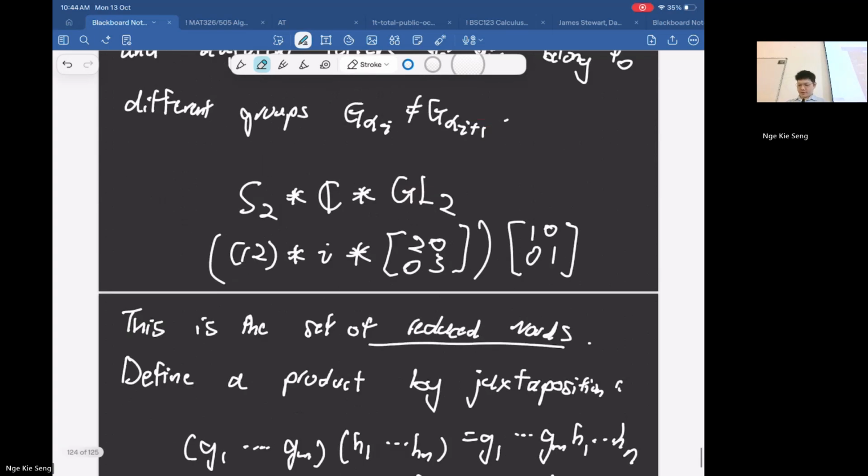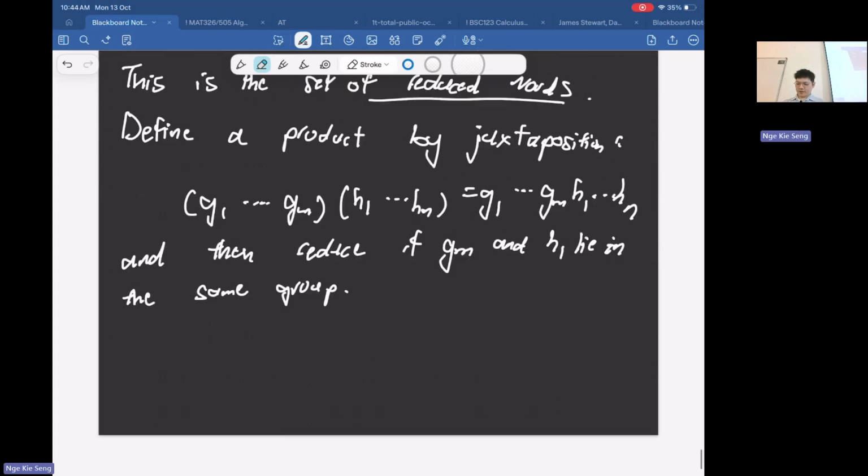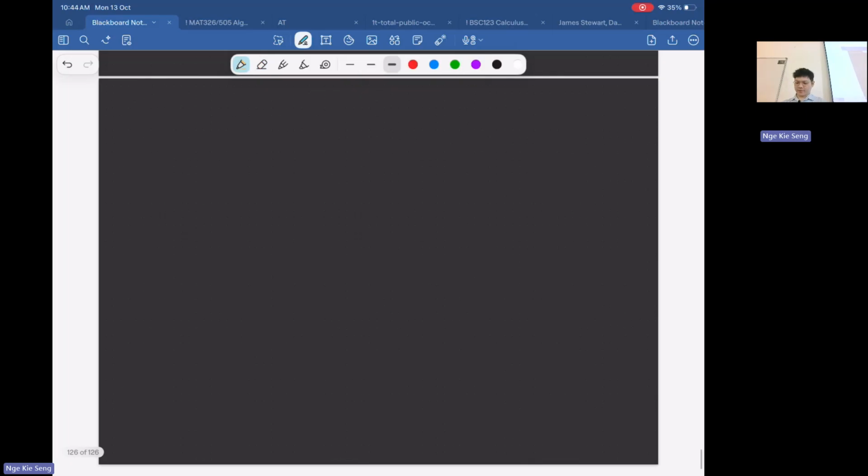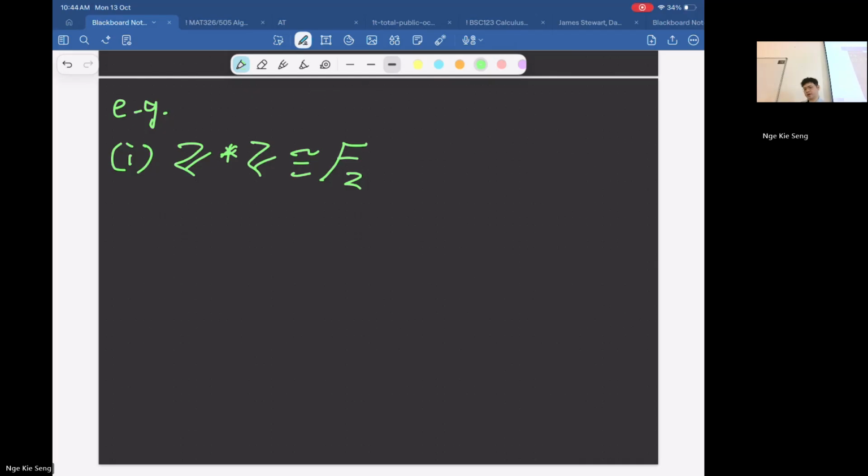Okay, let's look at one example and see if it matches up or not. The claim is that if you do Z star Z, the free product is actually the free group generated by two elements. If we use the definition we had just now, what kind of thing is here?